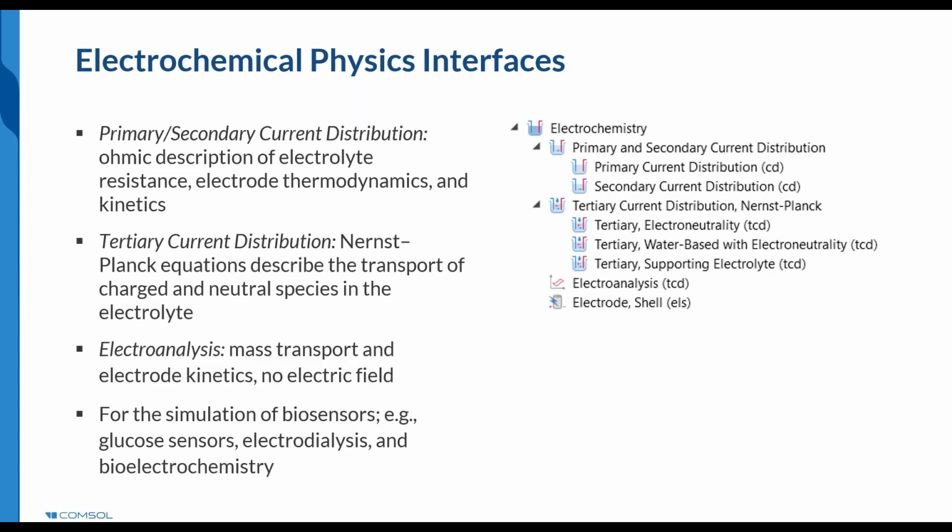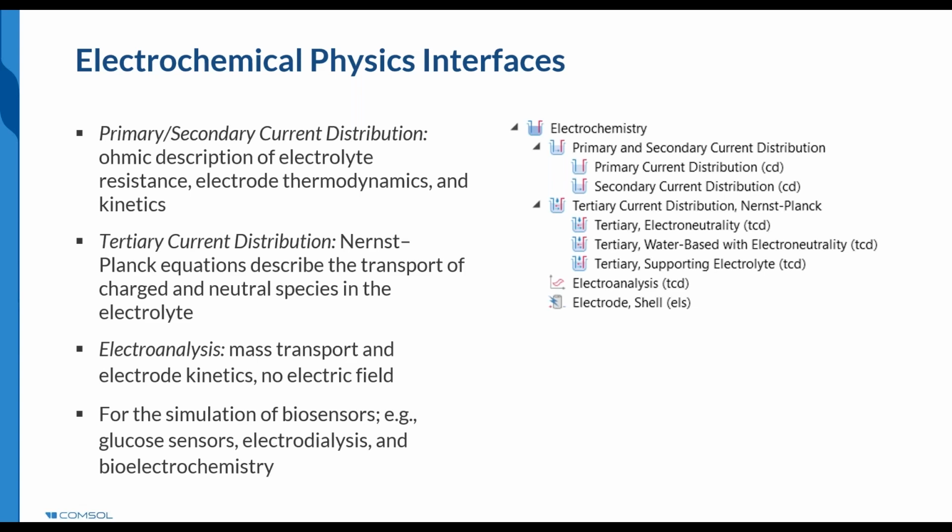If we're going to a further level of complexity, we can use the tertiary current distribution interface to consider the movement of ions within the electrolyte explicitly, using the Nernst-Planck equations to describe the transport of both charged and neutral species.